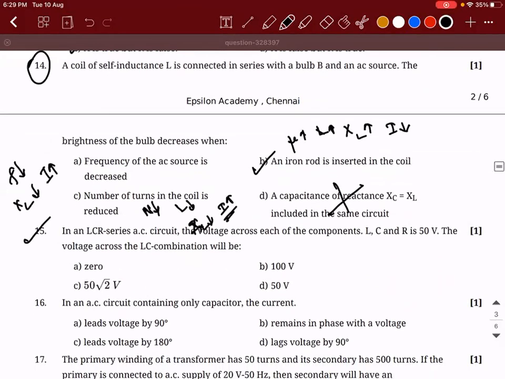Okay. Now try the 15th one. In an LCR series AC circuit, the voltage across each of the components L, C and R is 50 volt. The voltage across the LC combination will be.